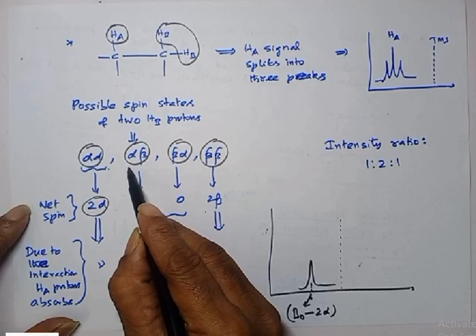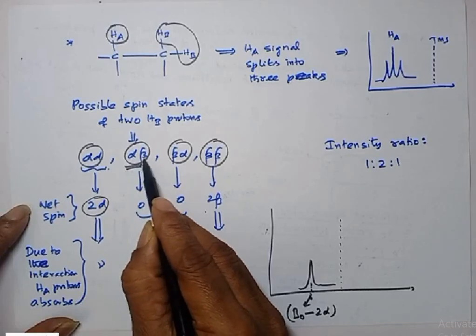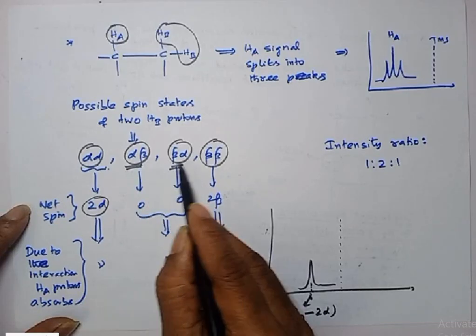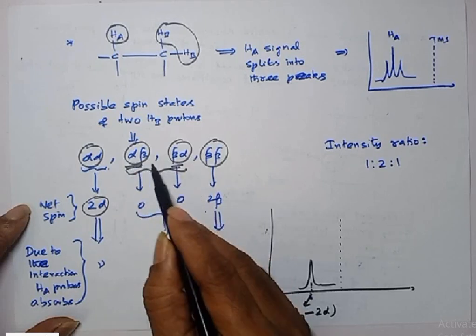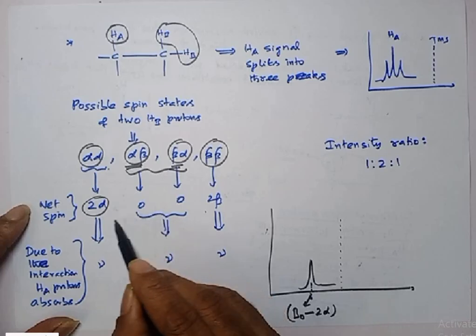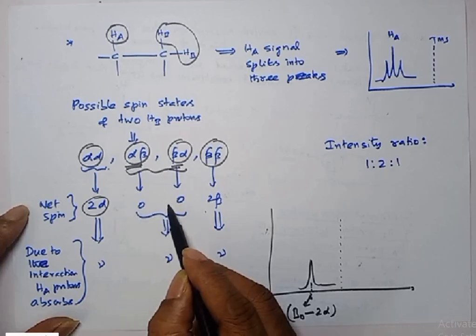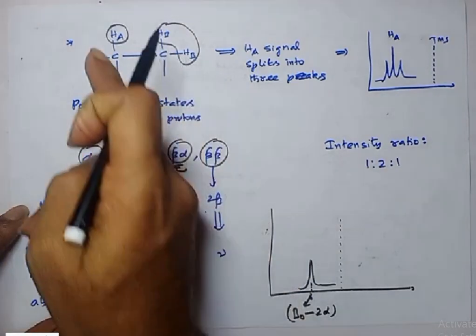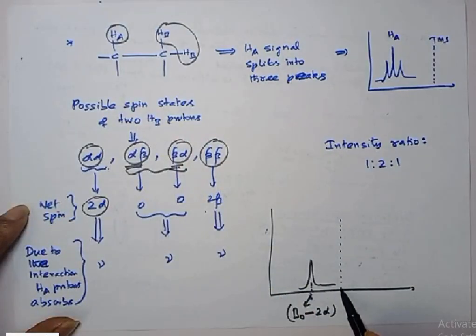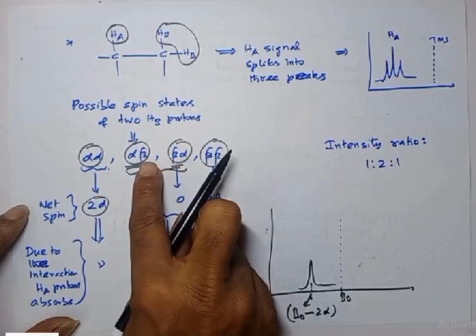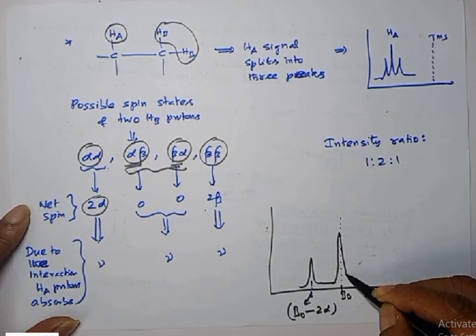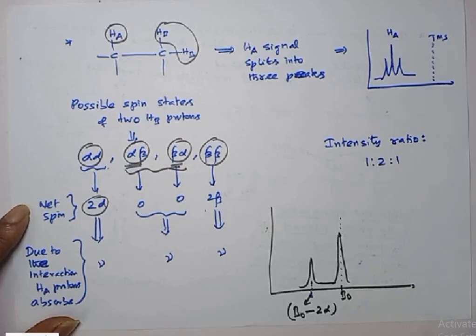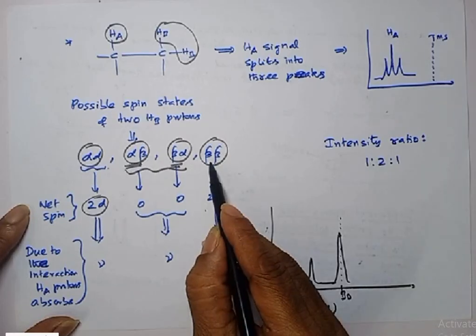And in some molecule, there may be alpha beta spin state, and in some molecule there may be beta alpha spin state. For these two spin states, the net spin is 0. Therefore, in some molecule, HA proton sees the exact magnetic field of B naught. And there are two possible spin states for this. Therefore, since there are two possible spin states, the intensity is somewhat larger. Okay, and what about the other one?